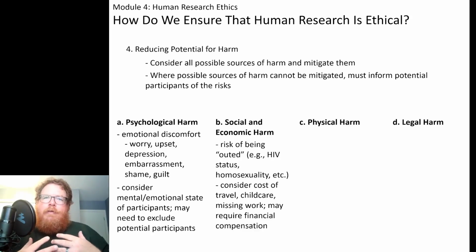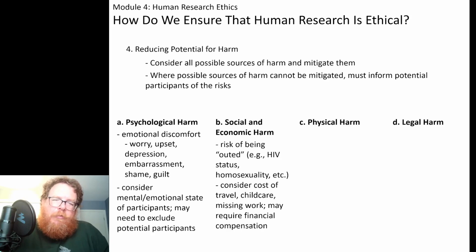The reality is that if somebody is hiding their HIV status from their family and friends, and people find out that you're part of this HIV study, well, does that mean you have HIV? You're outing that person, right? That person could be outed to their community through participation in your study.